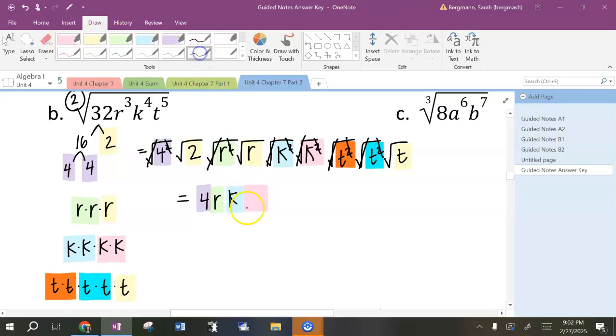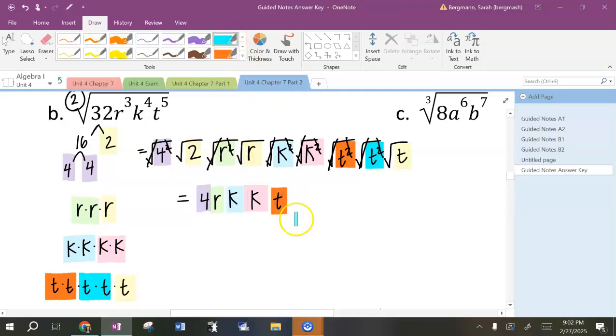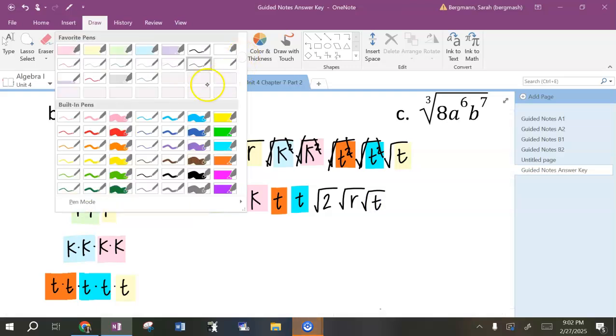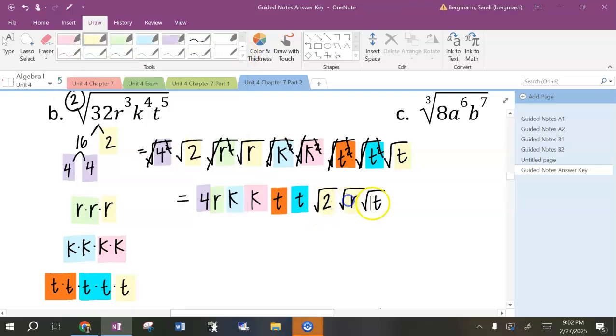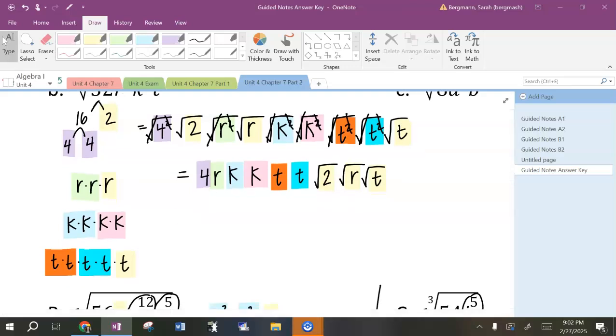My pink k has the square root canceled out. My orange t had the square root canceled out. My blue t had the square root canceled out. And then I have all my square roots. I have a 2, an r, and a t. This could not cancel out the square roots because they weren't perfect squares.